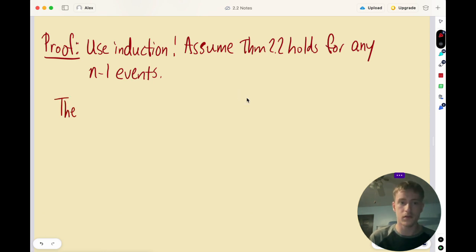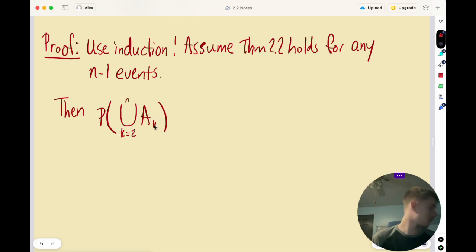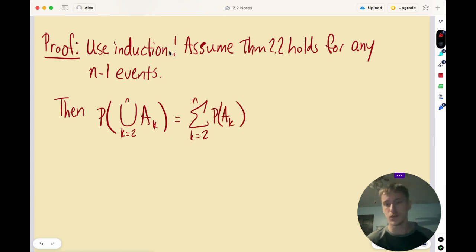Then we have that the probability of this union, where instead of starting at 1, we're going to start at k equals 2 to n of a sub k, is going to equal the sum from k equals 2 to n of the probability of a sub k. This is what we have designated P1, except it's not P1 because we're not starting at k equals 1.